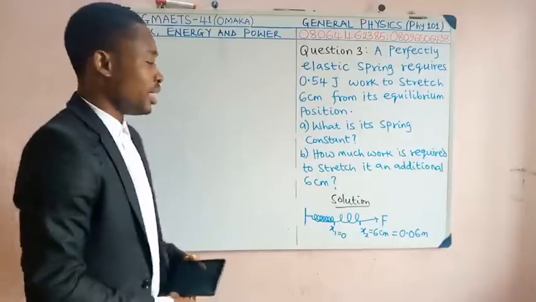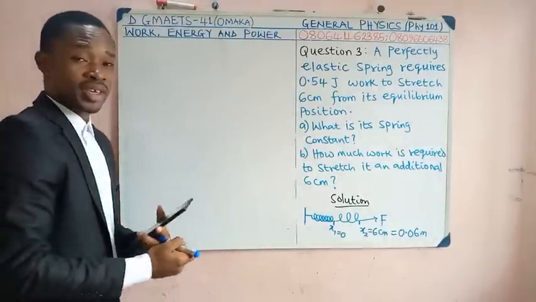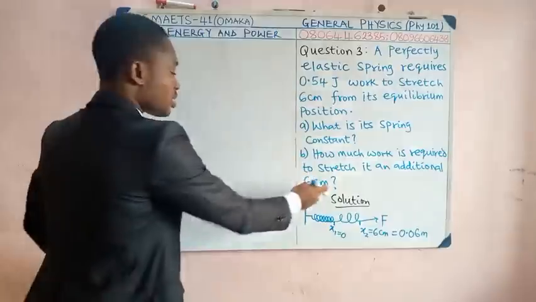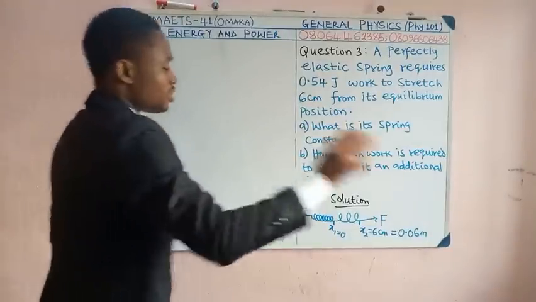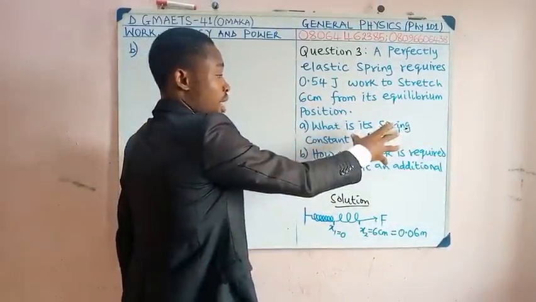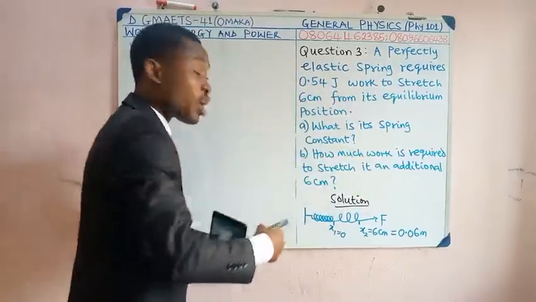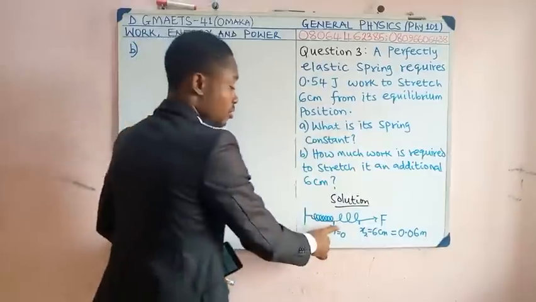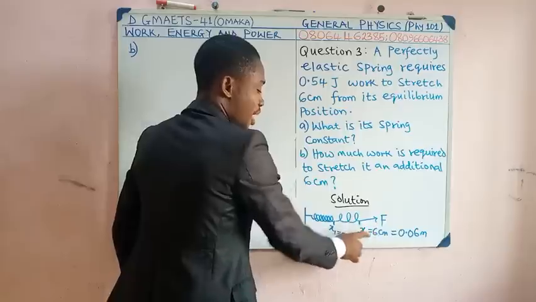Now we have to determine how much work is required to stretch this spring an additional 6 centimeters. This is the B part of the question. Take note that in the first extension, the work done was 0.54 joule, which stretched the spring from its rest position, equilibrium position, to a point 6 cm.